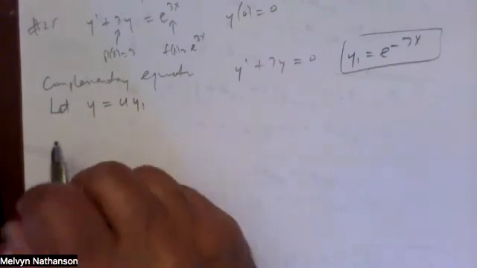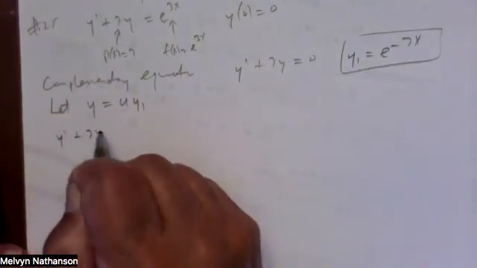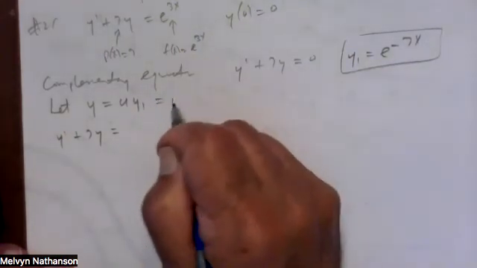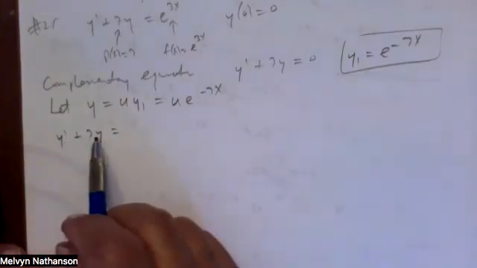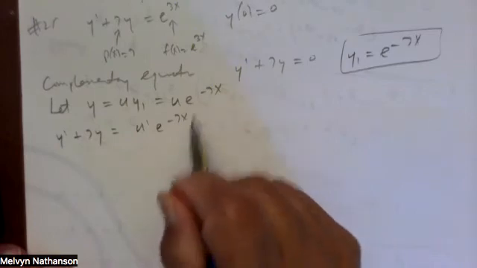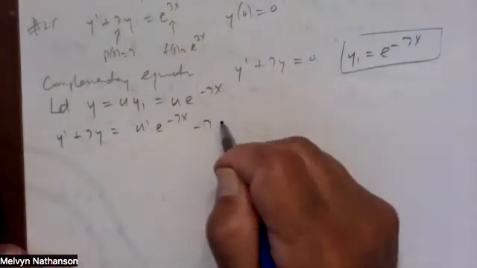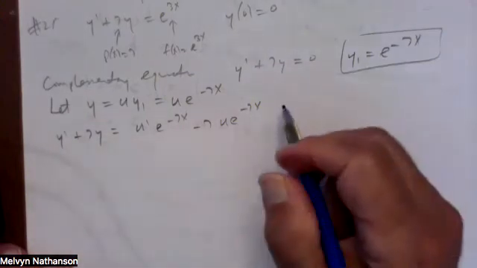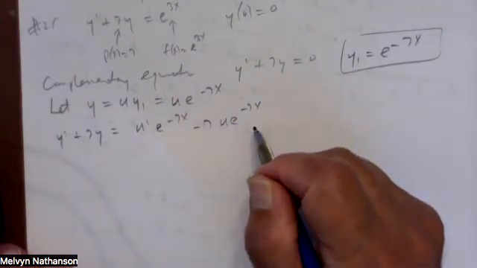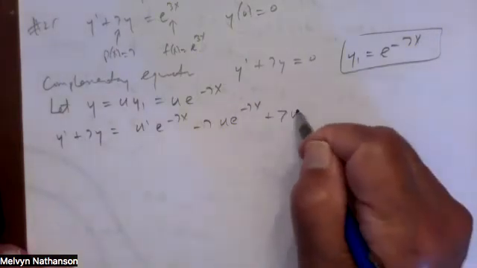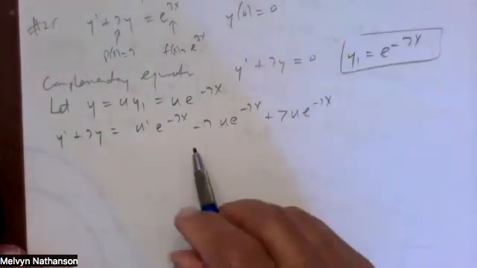If I plug this into the equation, y prime plus 7y, with y equal to u e to the minus 7x, y prime is u prime e to the minus 7x minus 7 times u e to the minus 7x, plus 7 times y, which is 7 u e to the minus 7x.